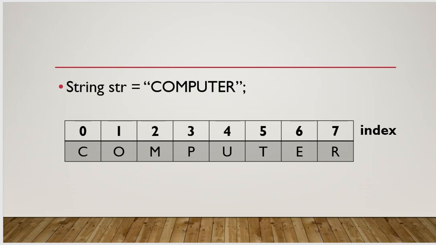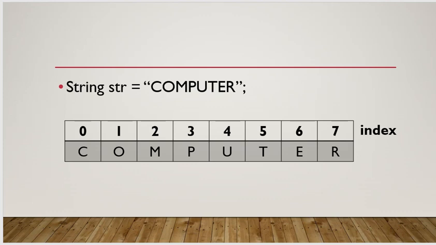Here we have a string which is computer. The length of the string is 8, since there are 8 characters present in this string value. It starts with the index 0. So the first character C has the index 0, the second character has the index 1, the third character has the index 2. In this way, the last character, which is R, has the index 8 minus 1, which is equal to 7.